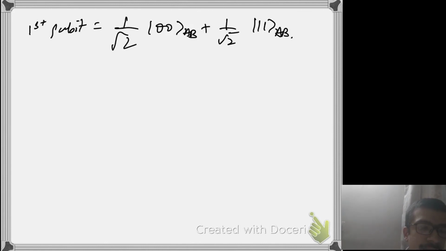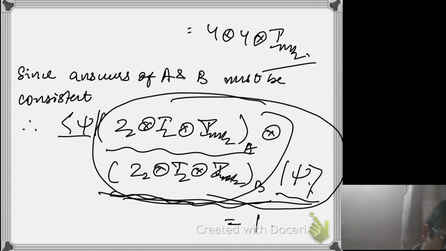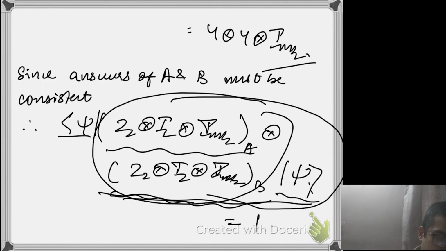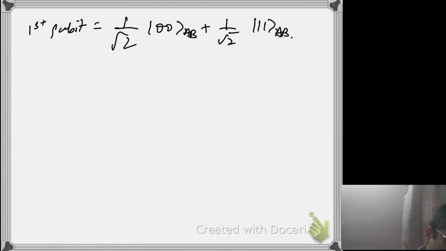Okay, and similarly, here I took A2 and A4, but if I now take say A1 and A5 and use the consistency conditions, I am going to get that the second qubit is also of this form.